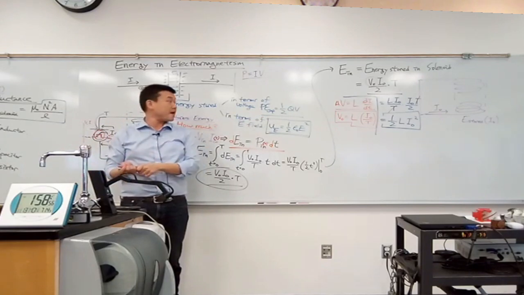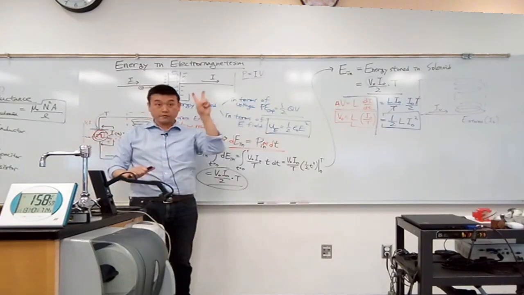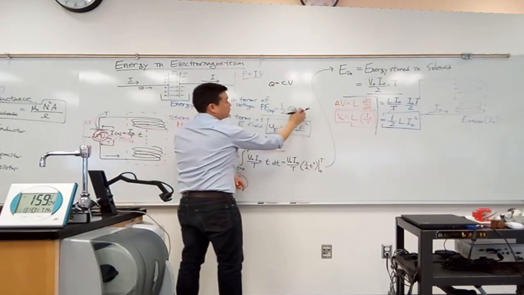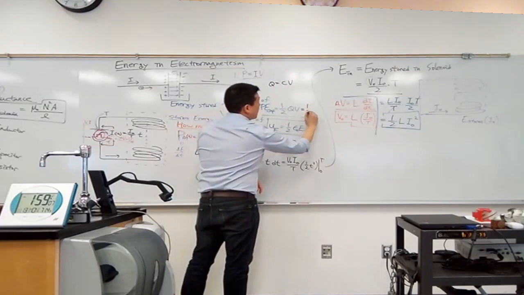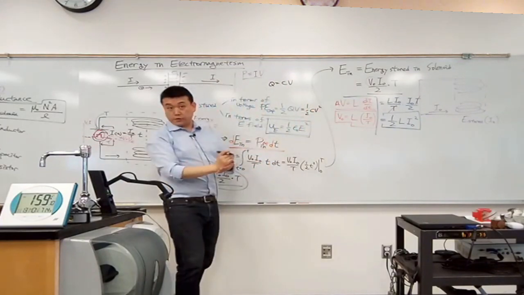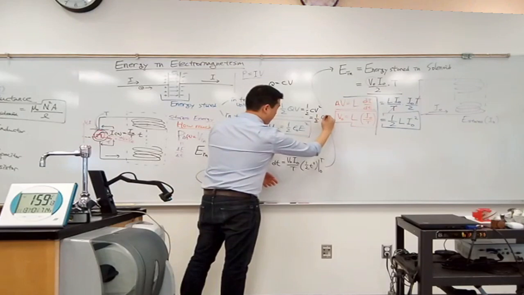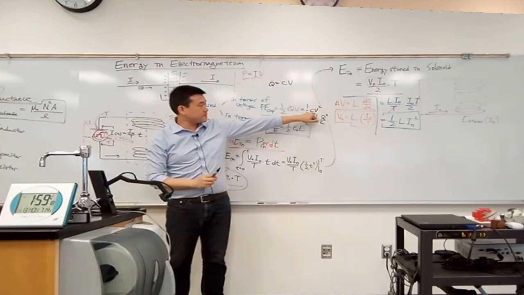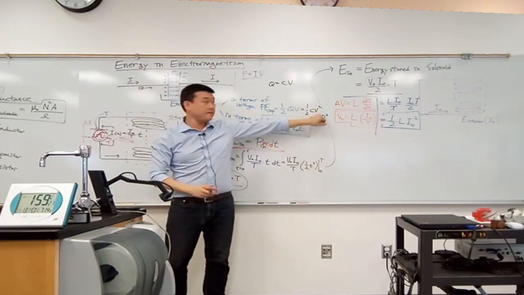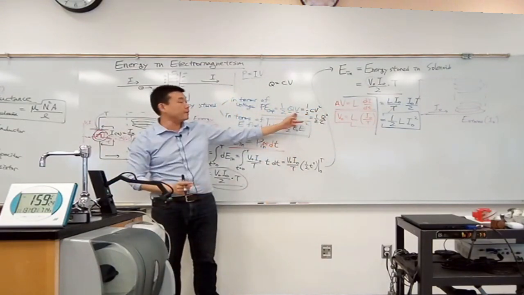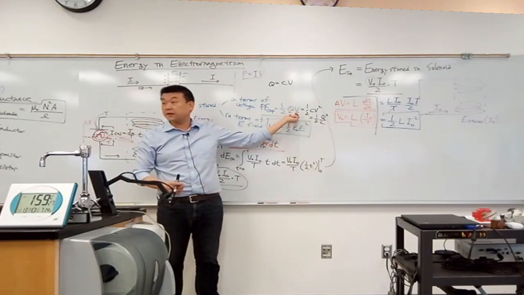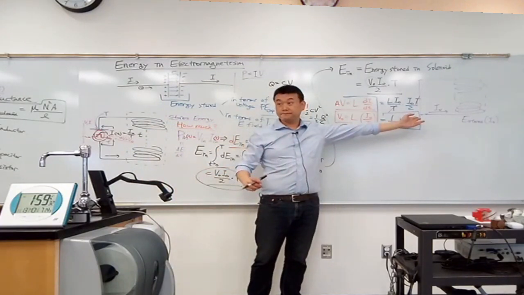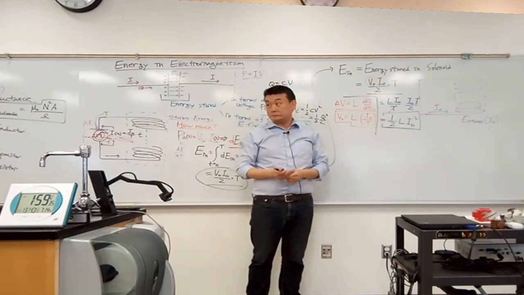And using the definition of capacitance, Q is equal to CV, we could rewrite this as 1/2 CV squared, or as 1/2 Q squared over C. Notice this dynamic quantity squared. In fact, this Q times V is still a dynamic quantity squared because both Q and V are dynamic. And here, I have the dynamic quantity current squared. That's somehow a common feature.